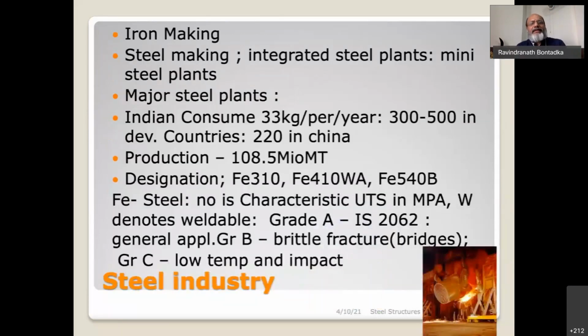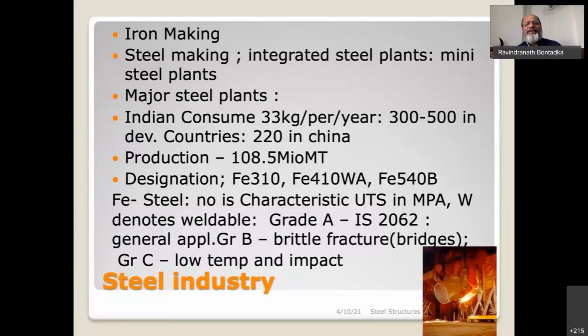Let me get a little more into the steel industry, and how iron and steel is made. We have very large integrated steel plants. Probably the first was the integrated steel plant of Tata's in Jamshedpur, and then many other steel plants started, and now we have at least about 5 to 6 integrated steel plants manufacturing various steel sections and ingots.